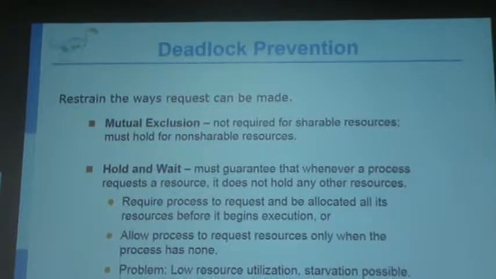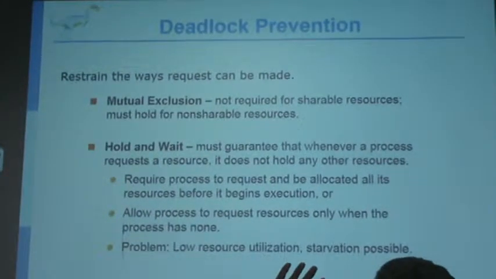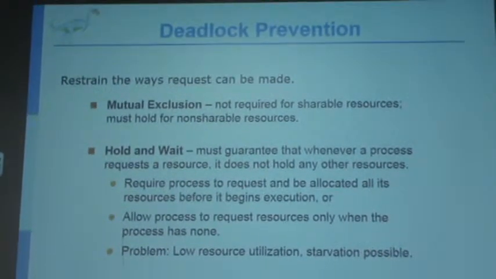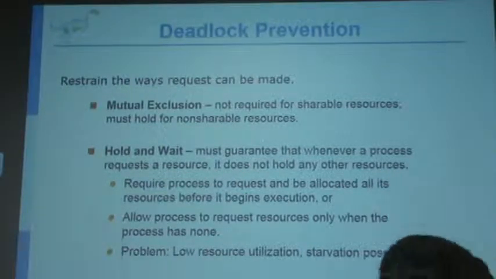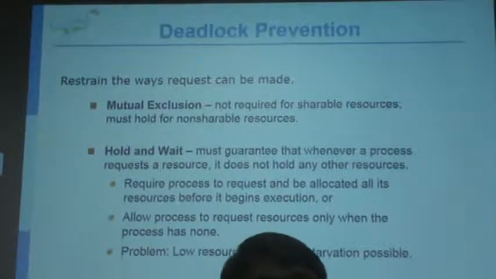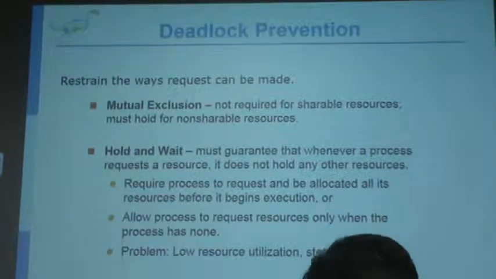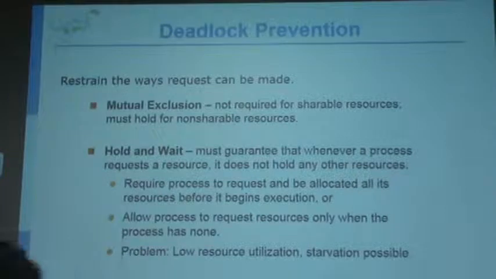First, how to prevent the deadlock situation? What are the four main characteristics of deadlock? Mutual exclusion, hold and wait, non-preemption, and circular wait. If you break one of these four characterizations, it may not cause the deadlock situation, right? Which means first, mutual exclusion.